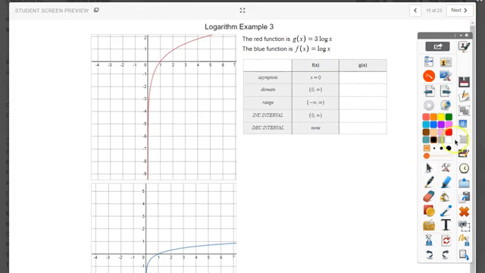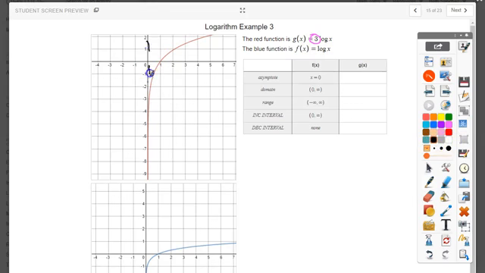In this next example, I'd like to point out that it has a coefficient of 3, and that has caused a dilation. So rather than the graph increasing, notice that when x is 7, the y is barely at 1. And if we take a look here, we cross when y is 1 and when x is 2. So it's increasing much, much faster because of that coefficient of 3.